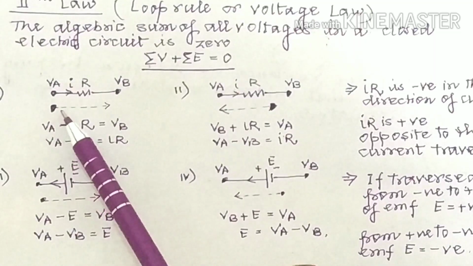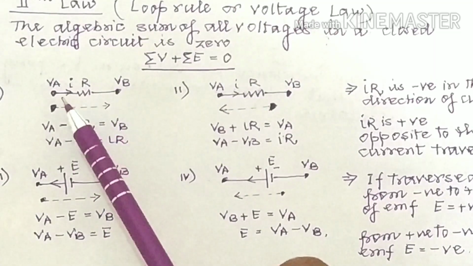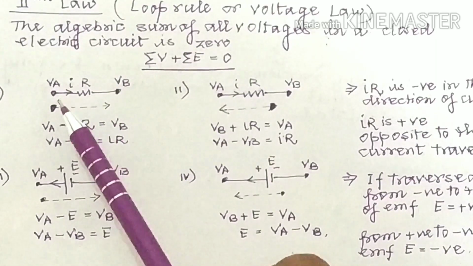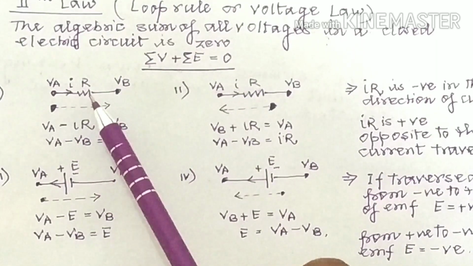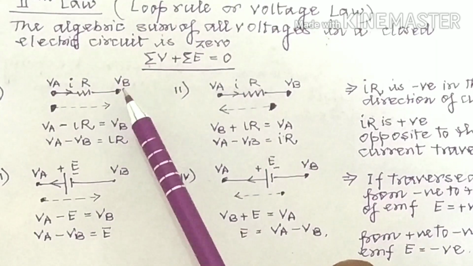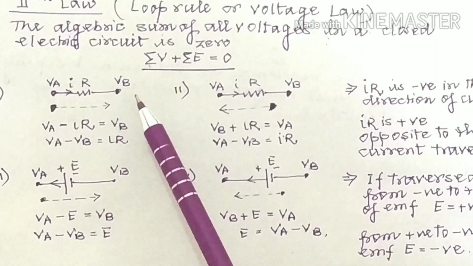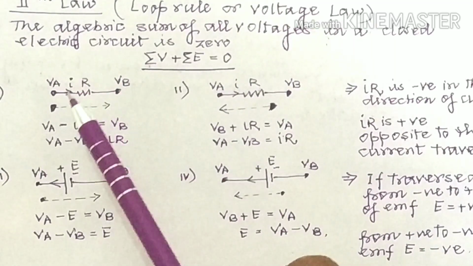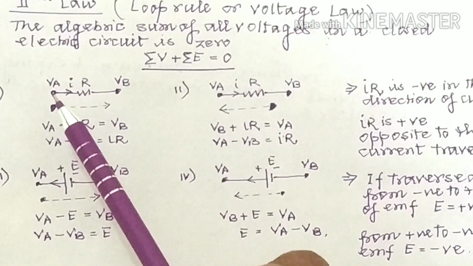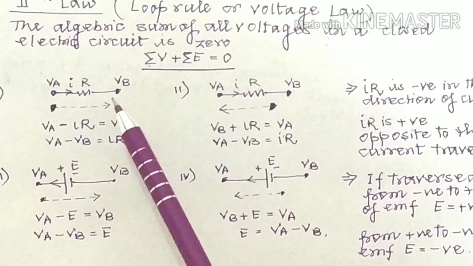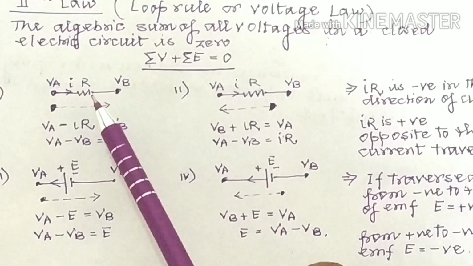and you are moving in this direction, that is in the direction of current, then if current flows through the resistor, the potential at B decreases. So the potential at A is more than the potential at B by the amount IR.